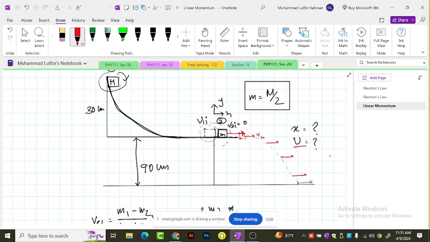Initially the vertical component is 0, but gradually Vy is going to increase. Vy would be the same because they start from the same height. Remember, we are neglecting the air friction over here. If you include the air friction, then it will be a little bit different.